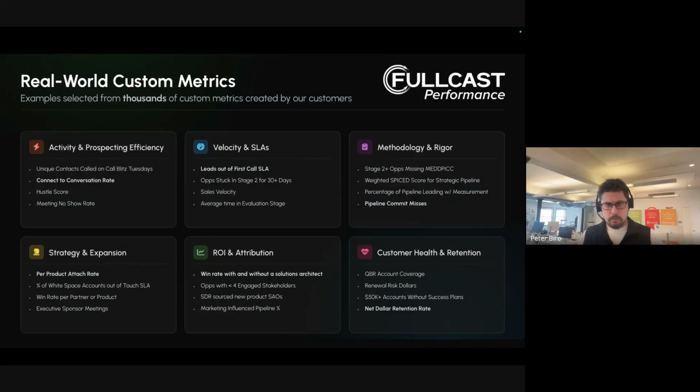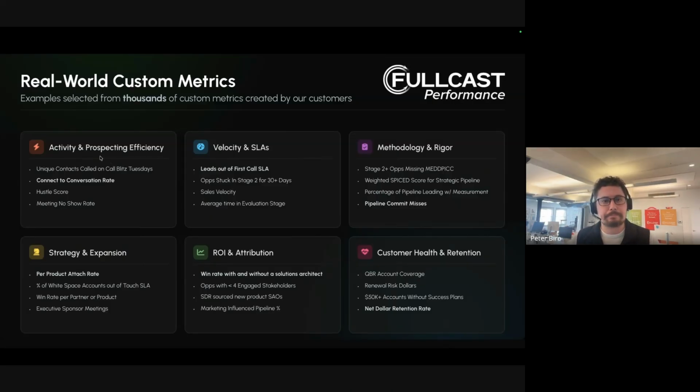We've worked with our hundreds of customers to create thousands and thousands of metrics that we can easily drag and drop into your organization or tweak to fit your needs, whether it's around activity and prospecting efficiency, sales methodology rigor, account strategy and customer expansion, ROI, customer health and retention, you name it. If we can pull in the data, we can create a process by which you can drive change management with that data.